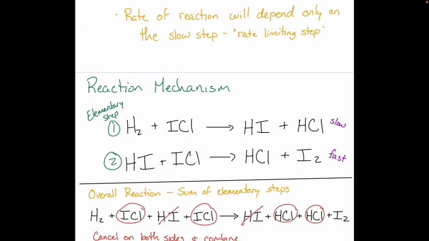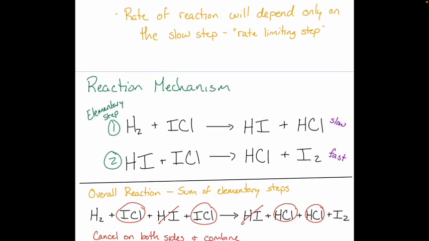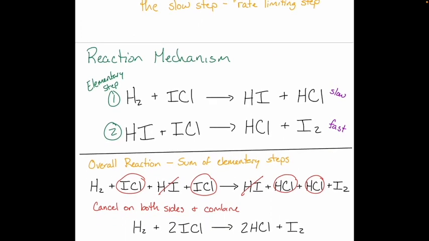If I'm putting these two reactants together and watching these products be produced, the rate of that reaction is really only going to be governed by this first step, because that's the slow step. That's the one I'm waiting on for this reaction to happen, because as soon as that first step happens, the next step happens really quickly. So the rate of your overall reaction will depend only on your slowest elementary step.